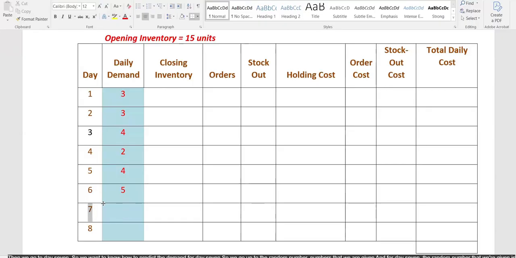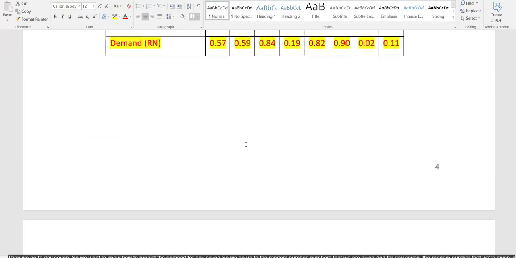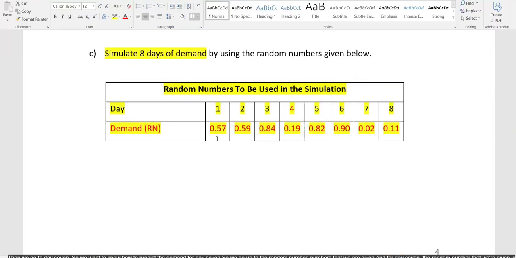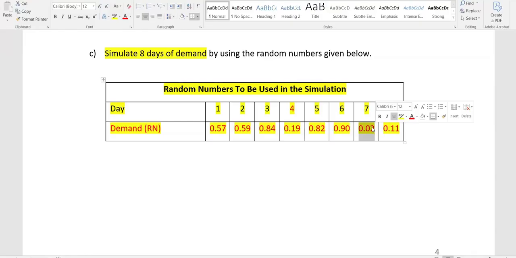Then we go to day 7. So we want to now predict the demand for day 7. So we go up to the random numbers that we are given. And for day 7, the random number that we're given is 0.02, right? Yes, sir. Or 2. So what do we do?